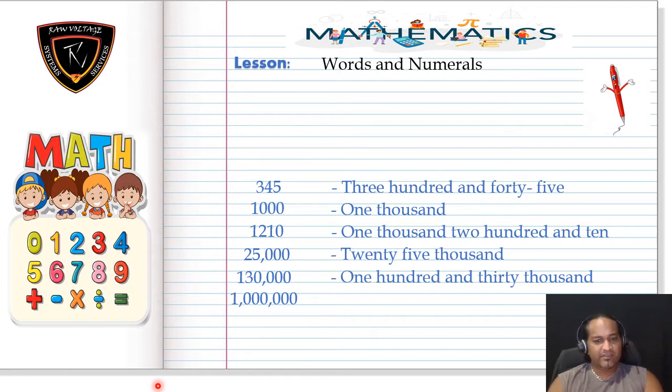So how do I read this number? That's 1 million. 1 million has 1, 2, 3, 4, 5, 6 zeros. So if I'm writing 1 million, I'll be writing it as 1 million, M-I-L-L-I-O-N, million.